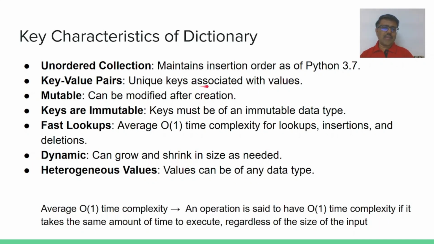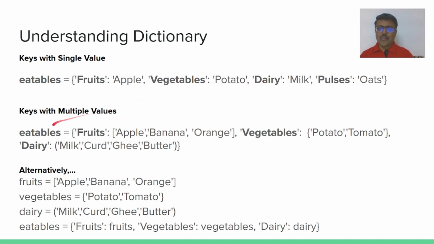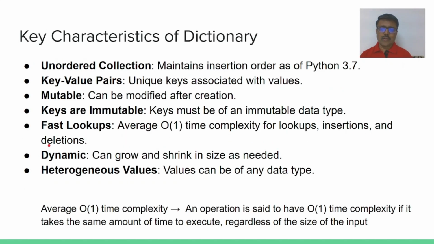That means unique keys associated with their values. That means you cannot have a key with the same name. For example, inside eatables, I defined fruits. I cannot have one more key as fruits. That means each and every key is unique. Okay, that is what is important to know.